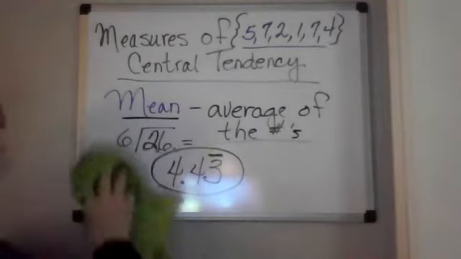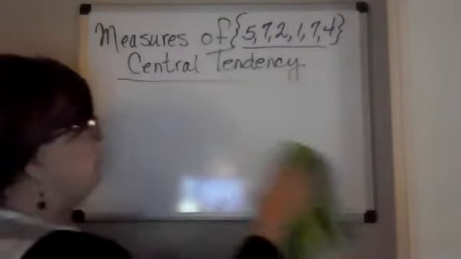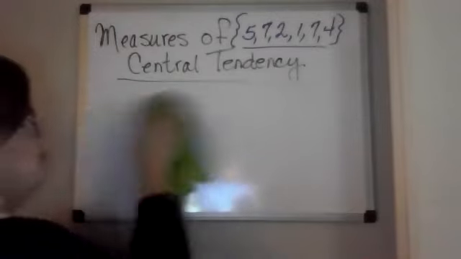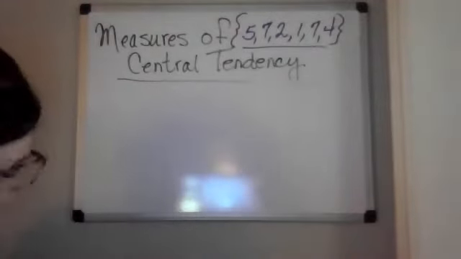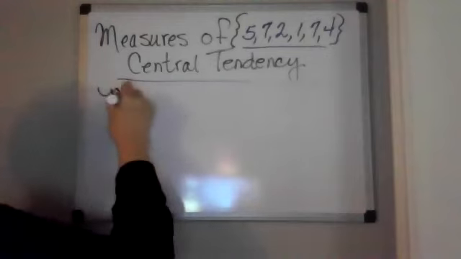Let's go to the median. Now, for the next 3 measures of central tendency, you need to have your numbers listed in order. So now we're going to find the median.